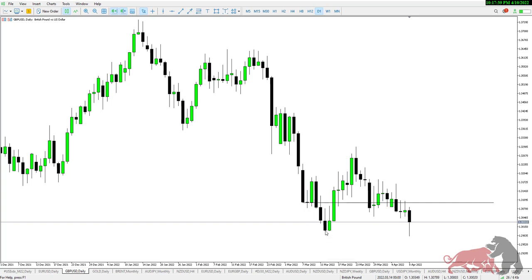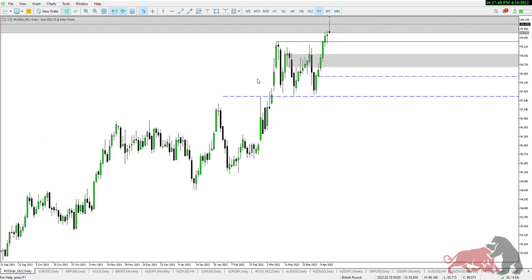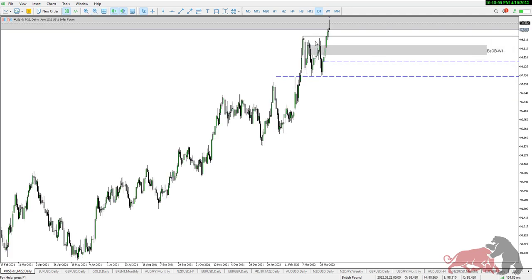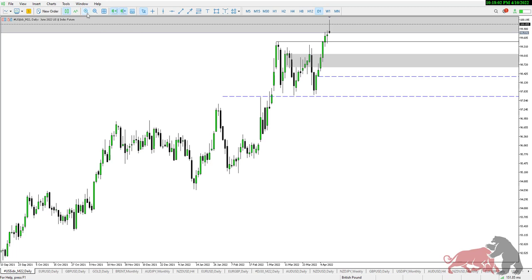They ran the stops from 14 March and 15 March respectively. Now, at a time when dollar index is also running the buy stops above this level here, 99.44. Remember, that was our first target on dollar index for the bulls.